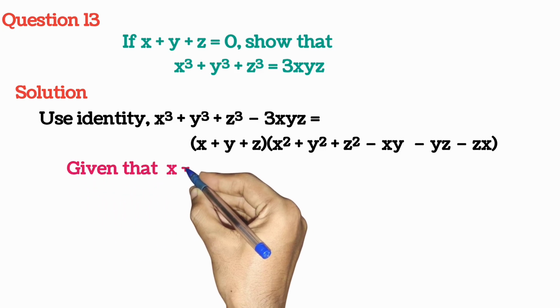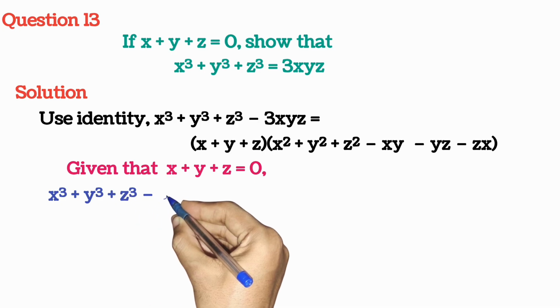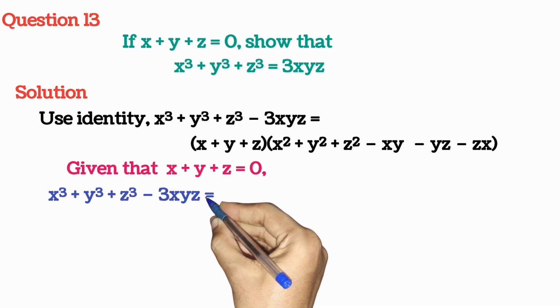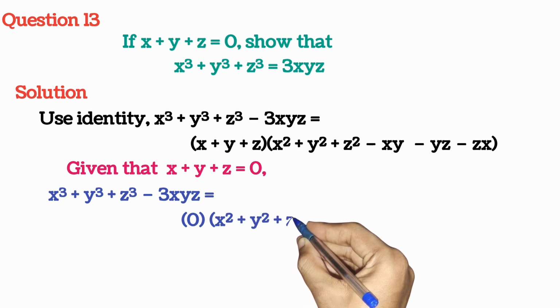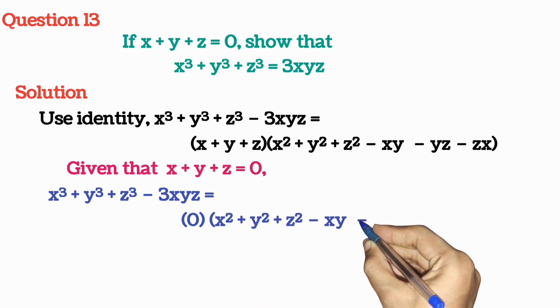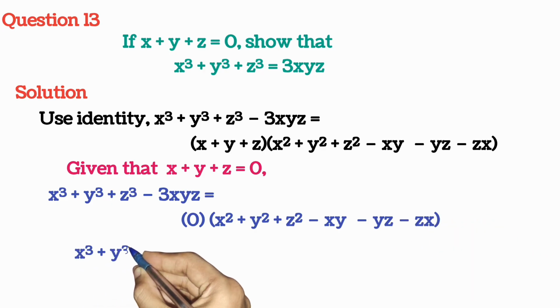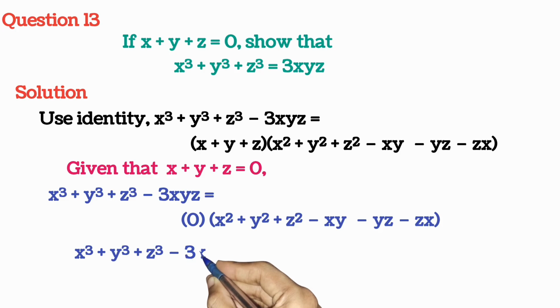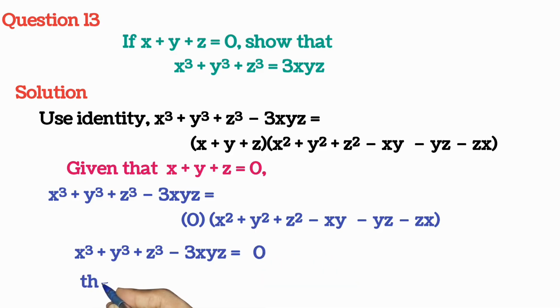Given that x + y + z = 0, then x³ + y³ + z³ − 3xyz = 0 × (x² + y² + z² − xy − yz − zx) = 0. Then x³ + y³ + z³ = 3xyz.